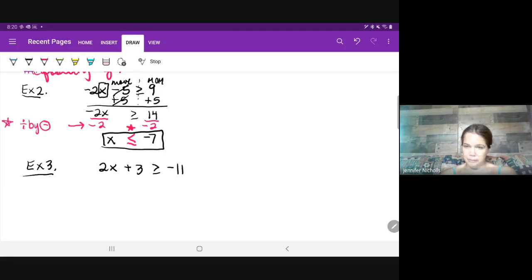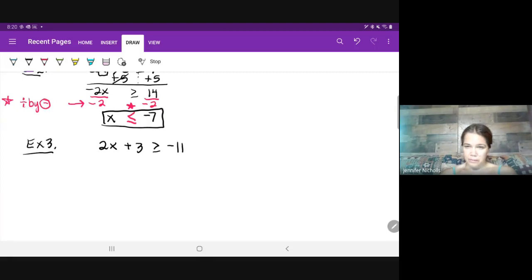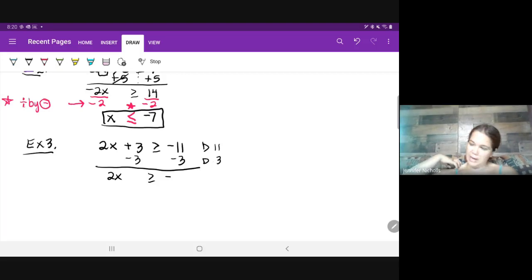And what do we do? Okay. Is subtracting 3 dividing by a negative? Yeah, no. So subtracting 3 is not considered dividing by a negative. Okay, so then don't switch the sign.